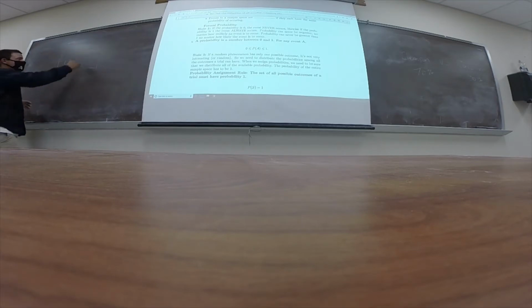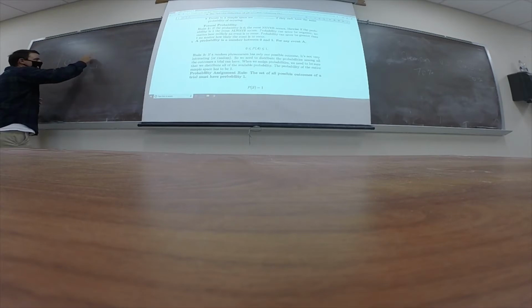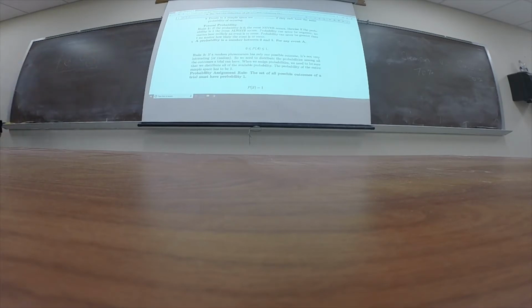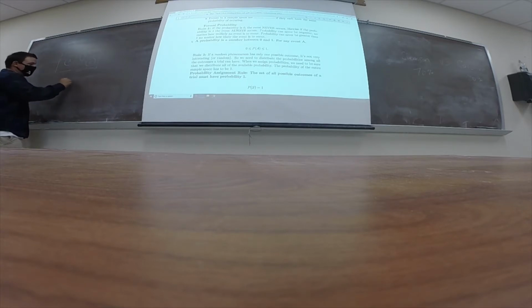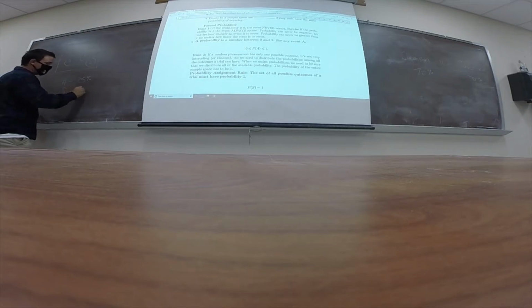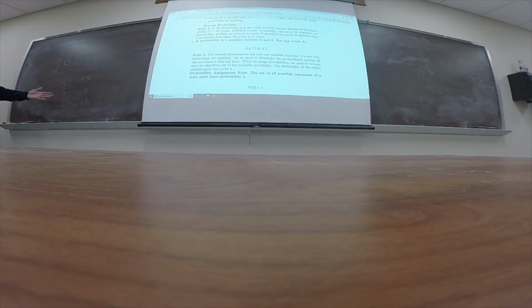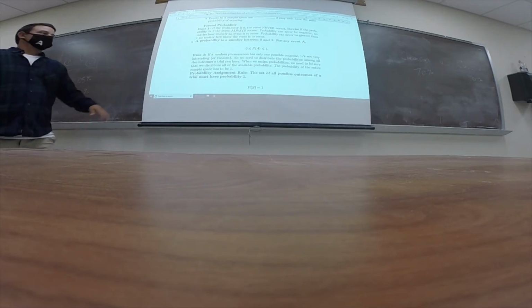So event A plus event B plus event C, all that space has to be filled. Does that make sense? You can't say the probability of A is 25%, probability of B is 20%, probability of C is 20%, and that's all. No, you've only got 65%. You still have another 35% to account for. So all your options have to be listed in your sample space.